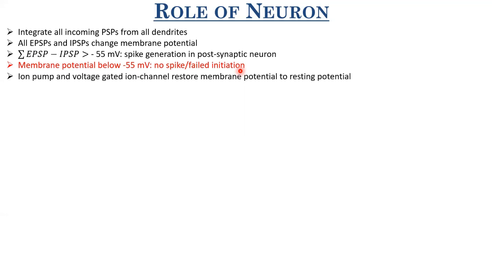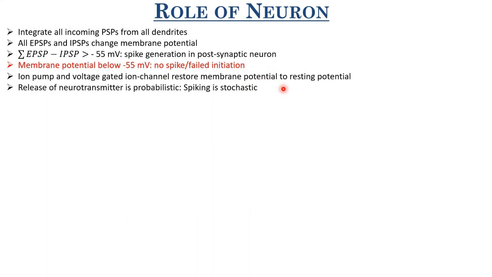The moment this condition is achieved, the ion pump and the voltage gated ion channels in your membrane restore the membrane potential to the resting potential. You saw that the potential increased somewhat due to stimuli, but it came back to its resting potential in the event of failed initiation. So that is what happens.